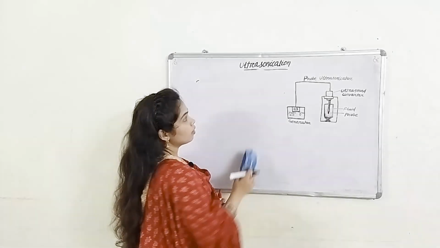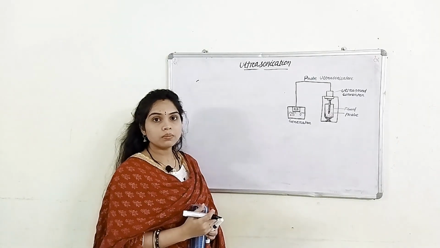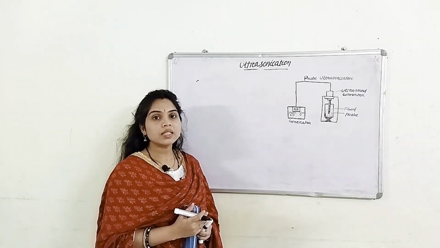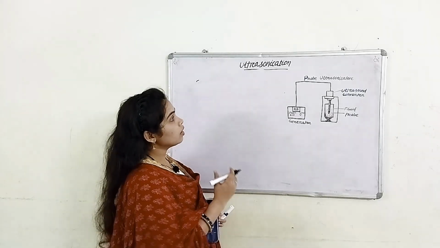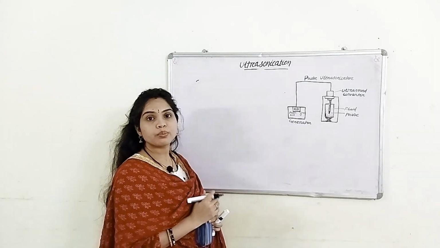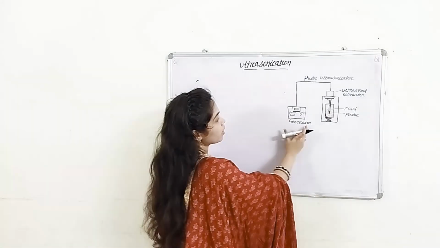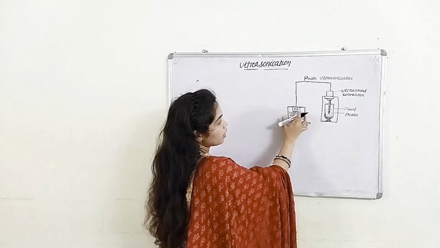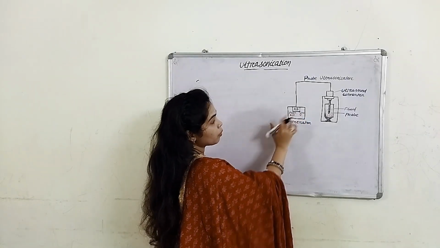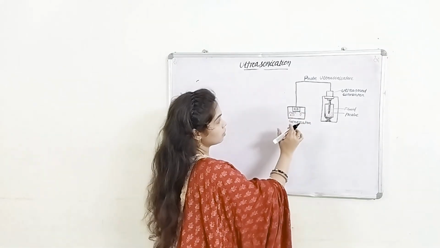And let's come to its principle. What is its principle? In the ultrasonication process, first a generator is used. In that ultrasonic generator, there is one power system and one time setter.